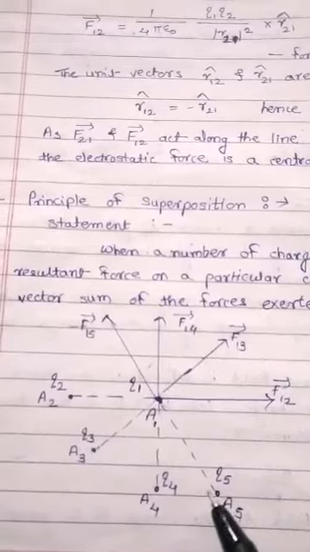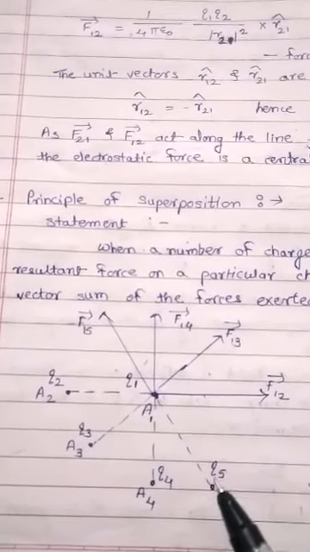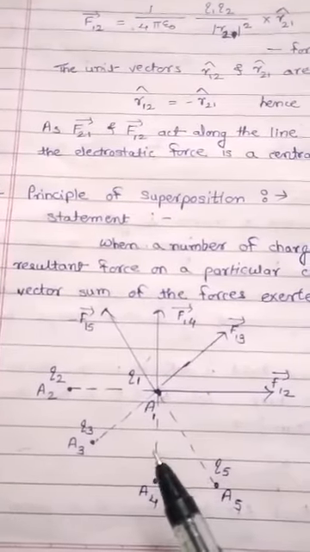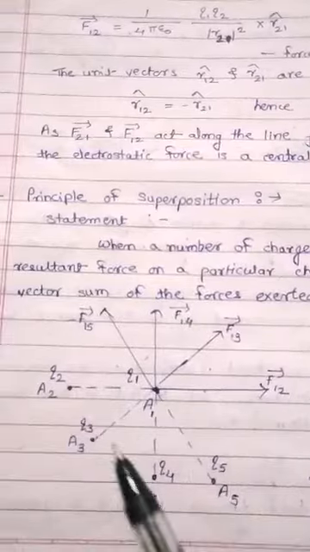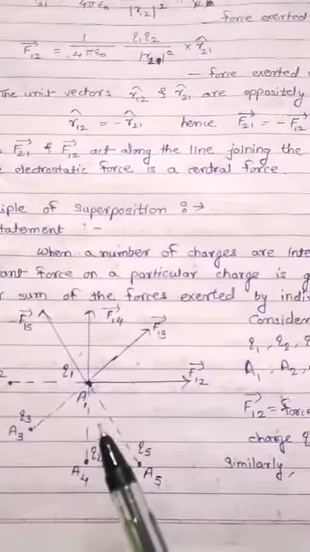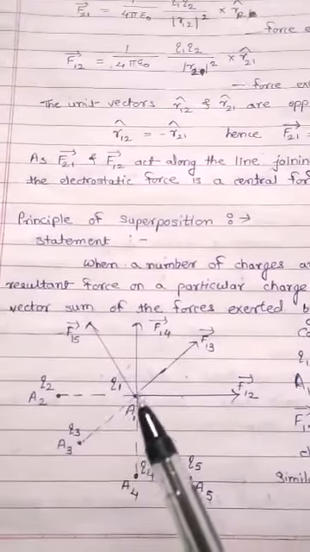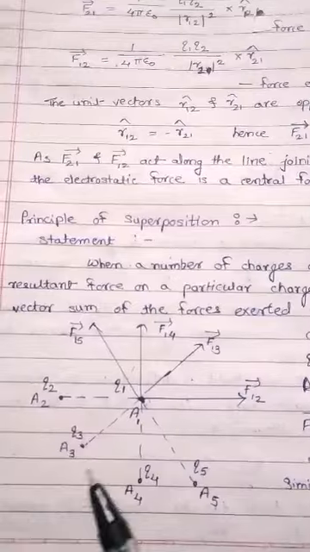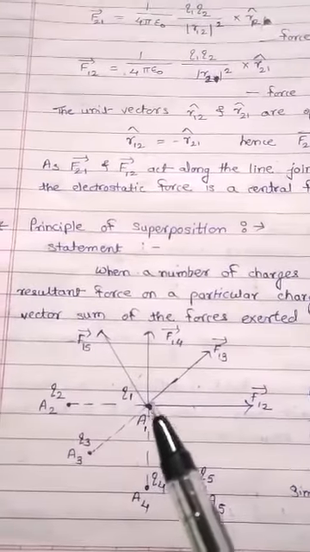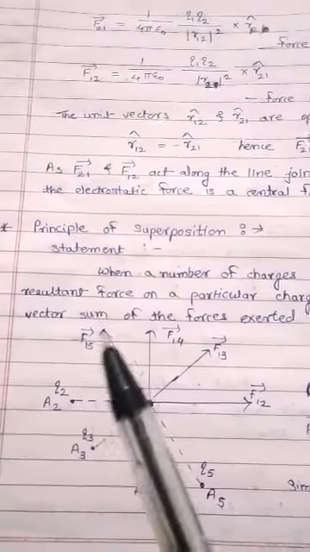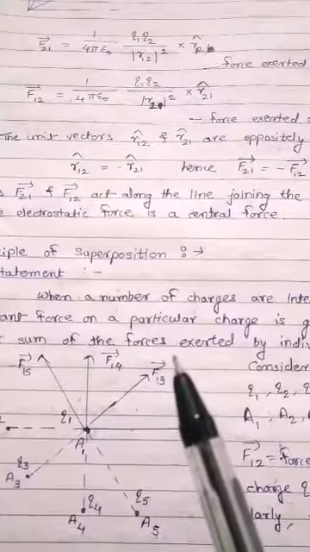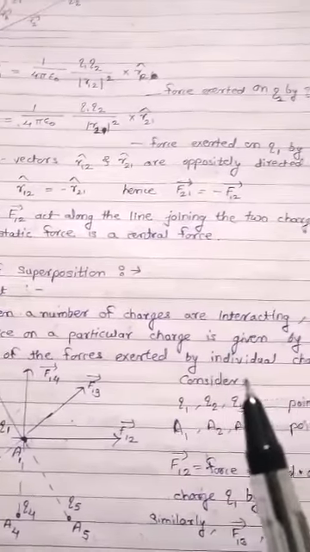The resultant force on Q1 is found by the vector sum of the forces exerted by the individual charges.